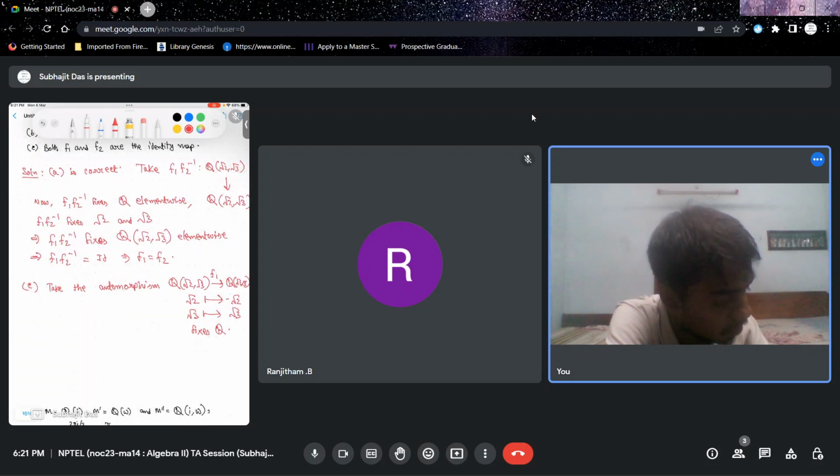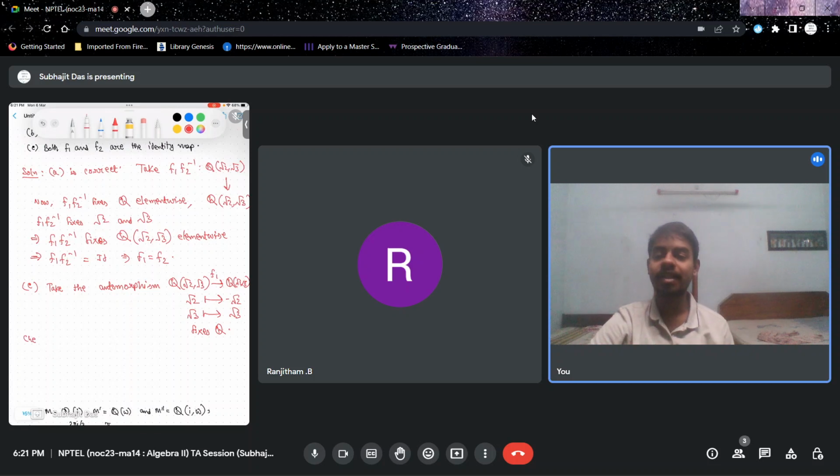So you need to check this. You can't just decide some images of some generating elements and then say that this defines an automorphism on the entire field. You need to check that this is indeed an automorphism.